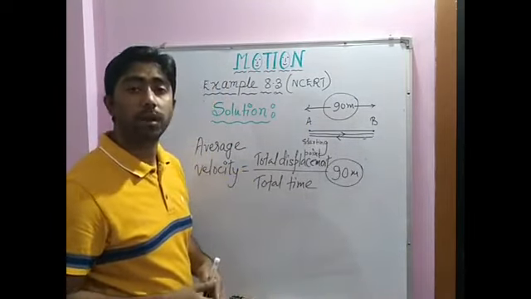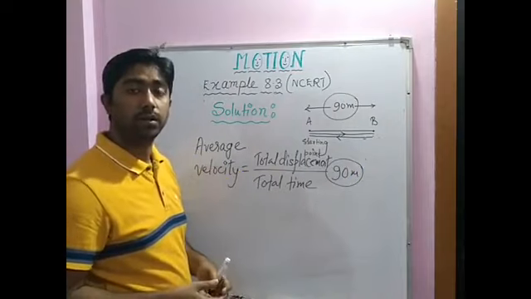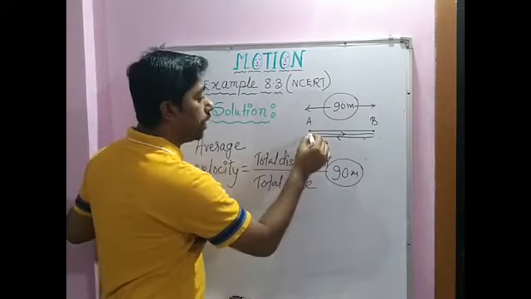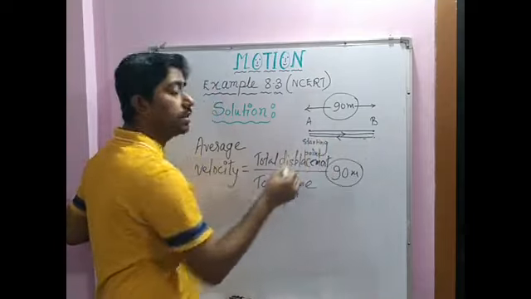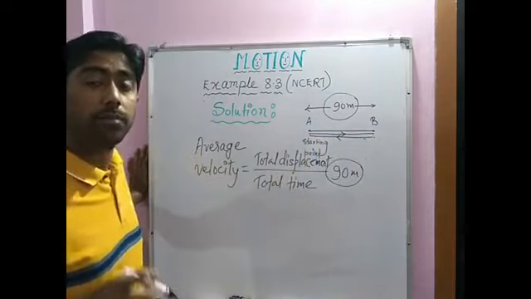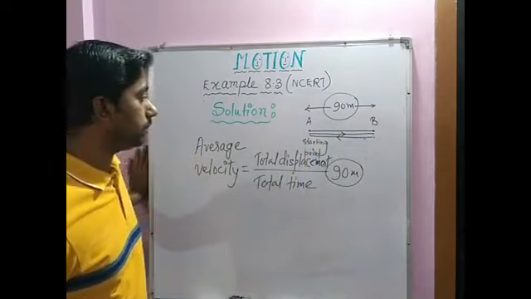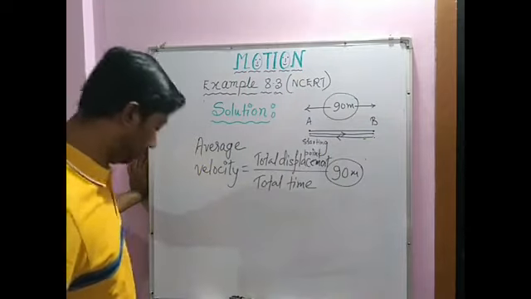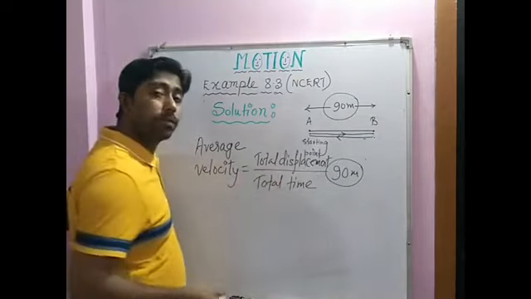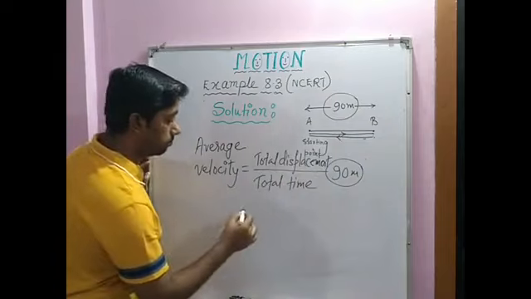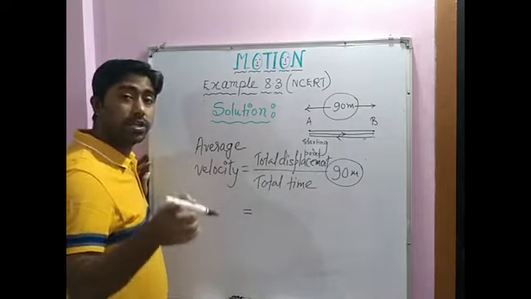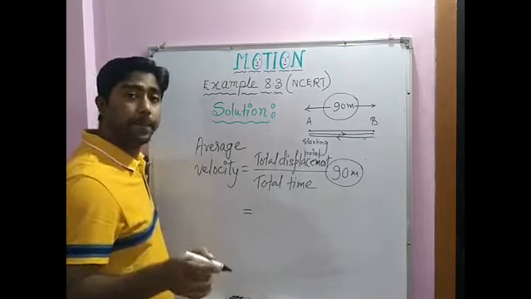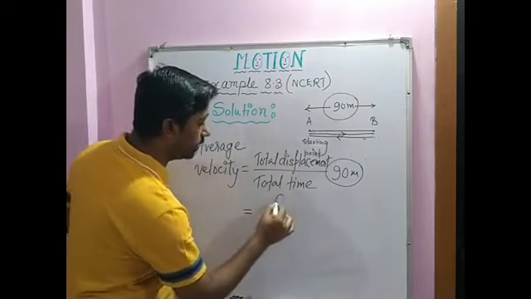Initial and final point is same here. Okay, so initial, she has gone from here to here and back here. Since our initial and final point is same, the total displacement of the body is 0.